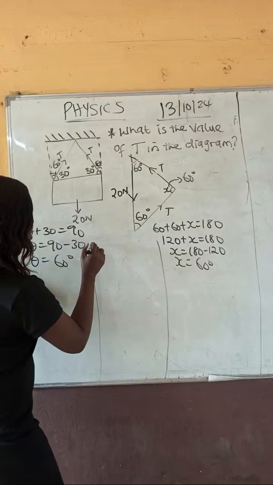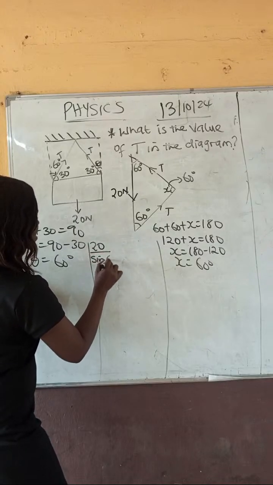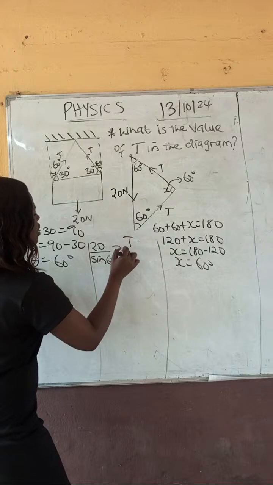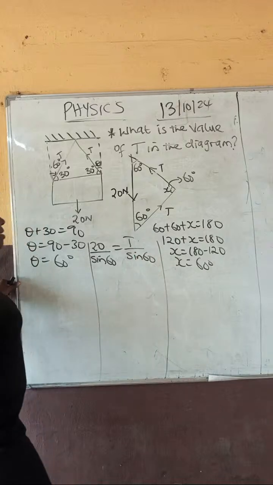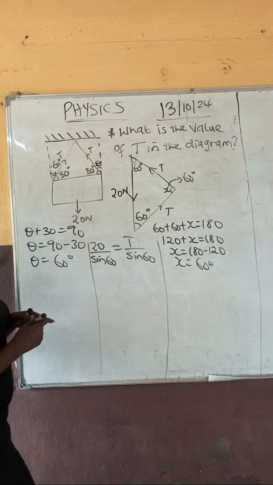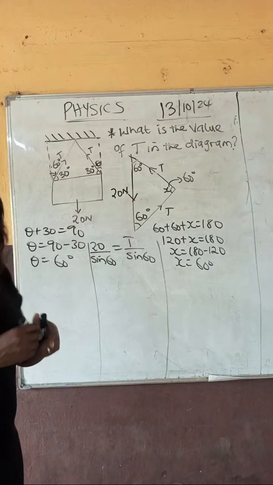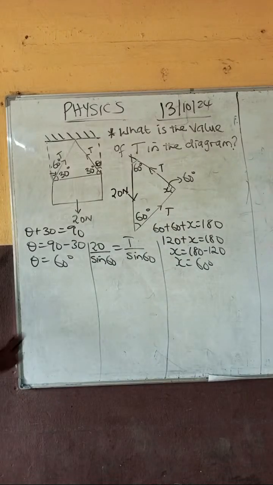Okay, we say 20 over sine 60 is equal to T over sine 60, right? Now I can still equate it with the other one, but it's still the same. But let me equate it so that you can understand what you are doing. You don't get confused.